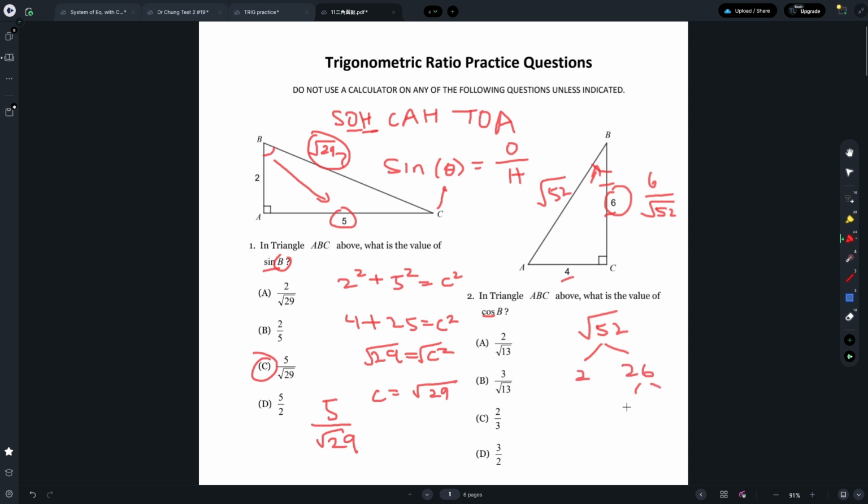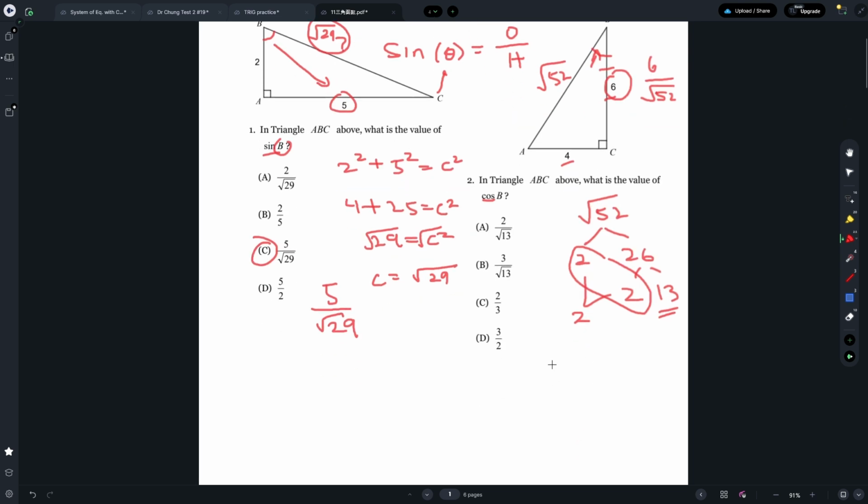Same, because it's even, we can do 2 and 13. And because 13 is a prime number, we stop there. That's very important. And now this is the important part. You would group two pairs together, all right? And because there are two 2's, that would become one 2, and it would come outside the square root, and you would just plug 13 back here.